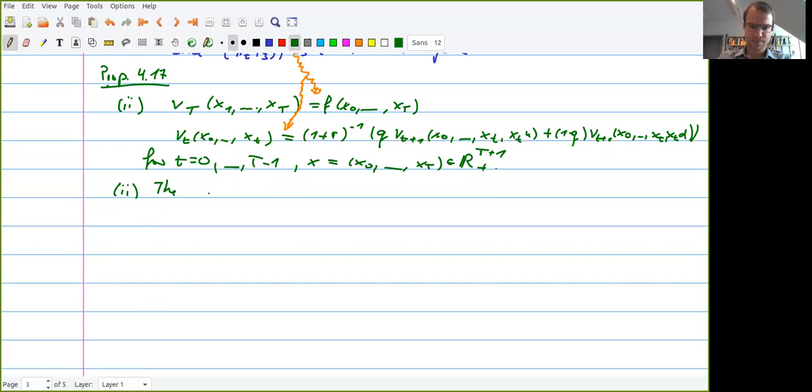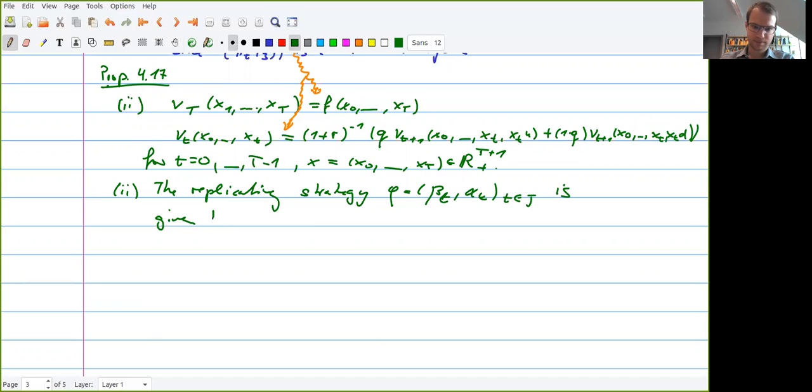So the trading strategy phi, beta t, so this is the risky asset and the risk-free asset, is given by, well, again, it's a predictable function.